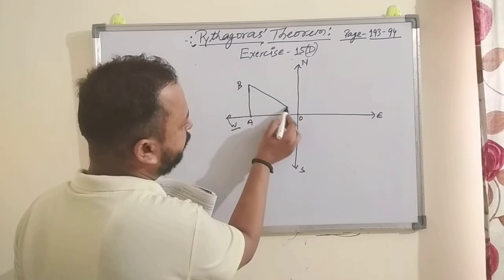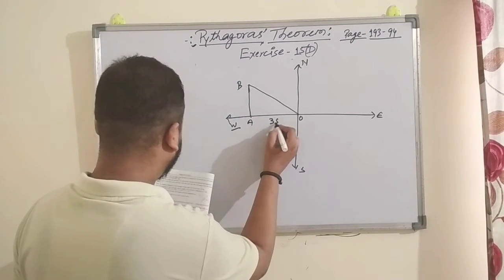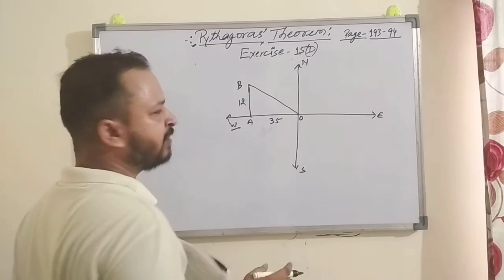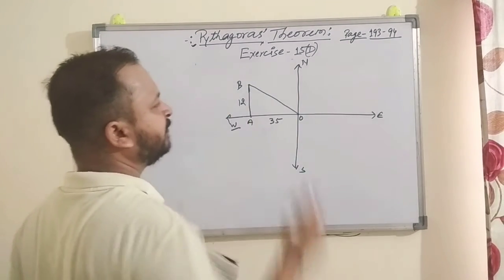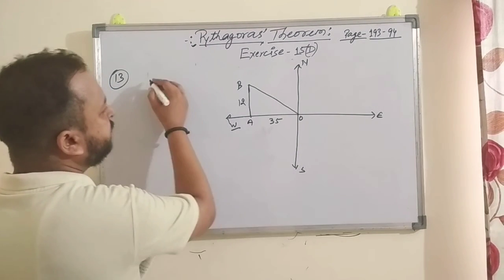So for finding O to B, this is 35, this is 12. So 35 square plus 12 square, we will get the value by using the Pythagoras theorem.